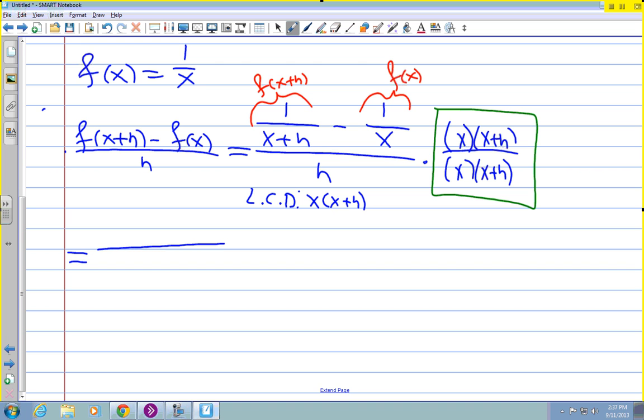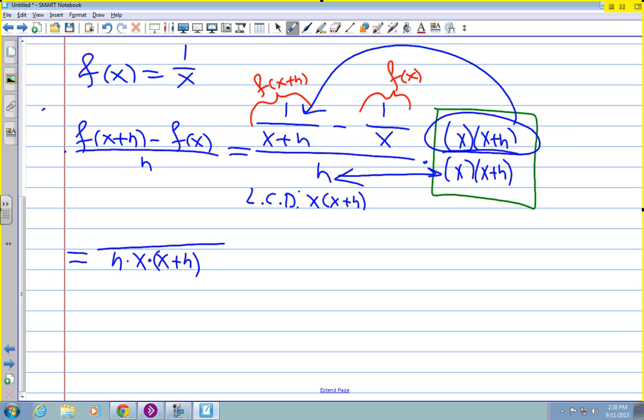So now see what happens. The denominator is easy. We just multiply the denominator straight through. H times x plus h. There's nothing really going on. But in the numerator, when you take this expression, x times x plus h, and you multiply it by the first term, something will cancel. What is it?